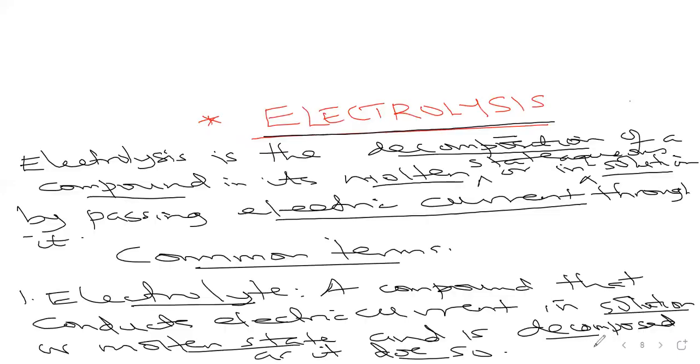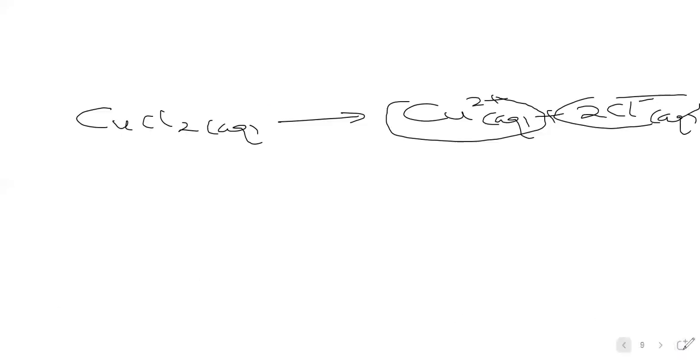Now, there is what we call a non-electrolyte. That is a substance that does not conduct electricity in its molten or aqueous solution and cannot be decomposed by electric current. It can be a liquid, or it can even be a solid. For example, sucrose, sugar, is a non-electrolyte.